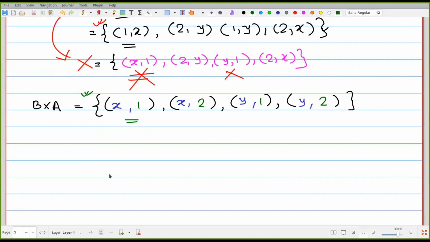Okay, that is also possible if we have A cross B cross C. That means A cross B would be first, so that should be another ordered pair like that. But that is not under consideration at this moment. So that is how we can check the ordered pair.